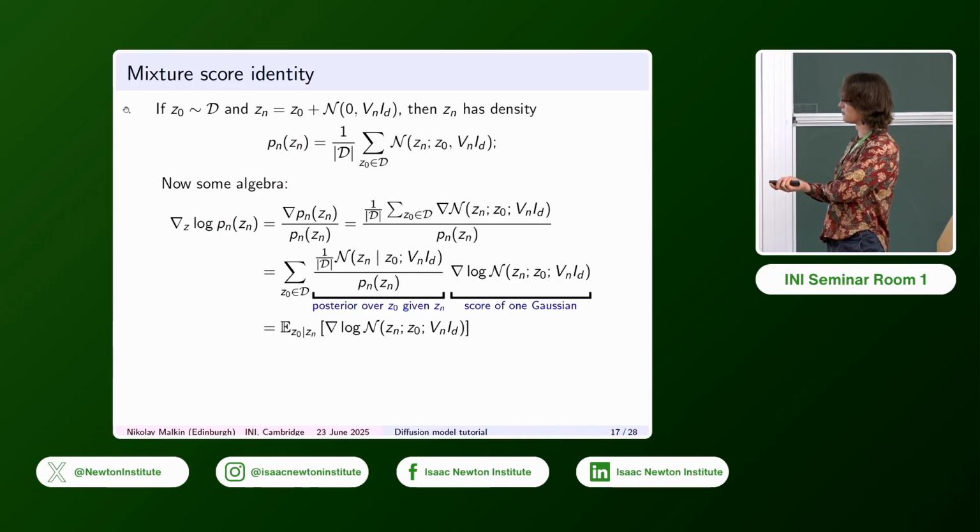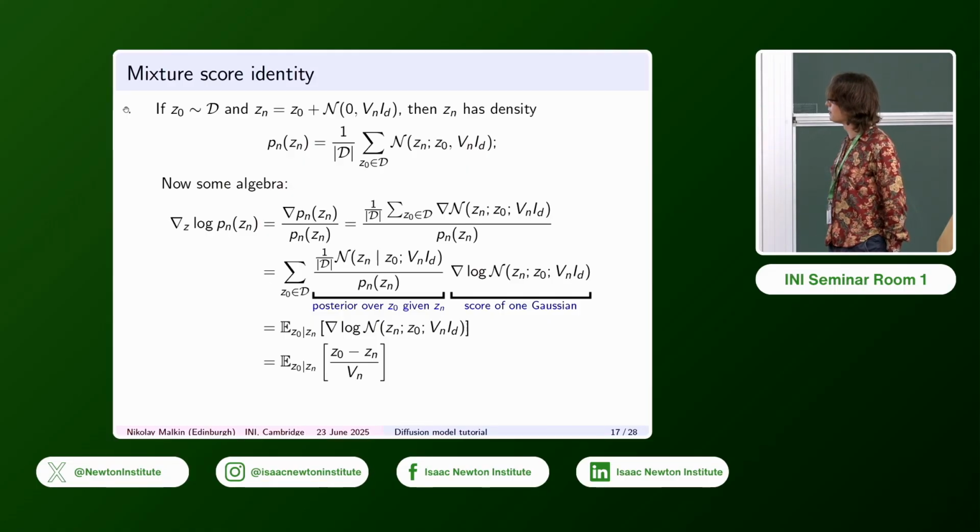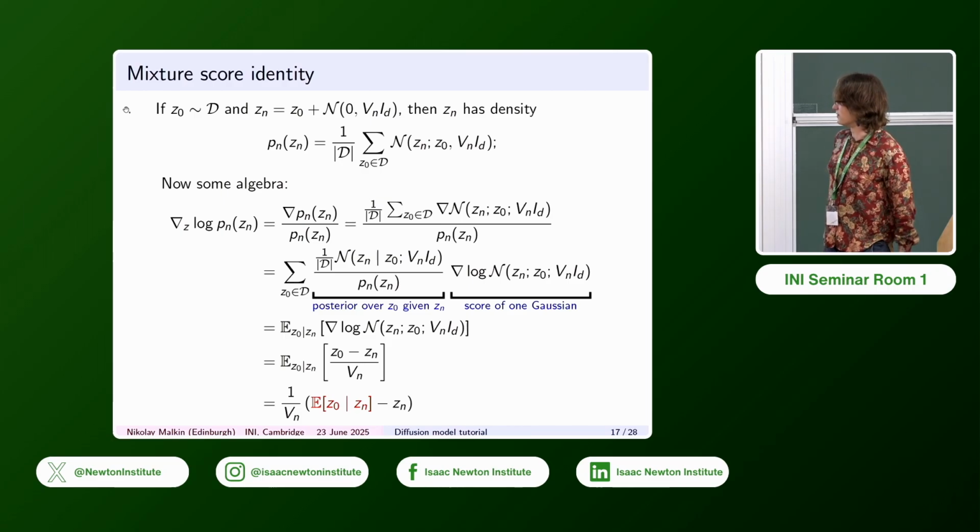Or, doing some more algebra, this is the expectation over Z0 given Zn, the posterior. I see a noisy data point, which point of the data set did it come from? And I take the expectation of the score of the Gaussian distribution centered on Z0. Then just by algebra, this simplifies to an expression which involves just the expectation of Z0 given Zn.